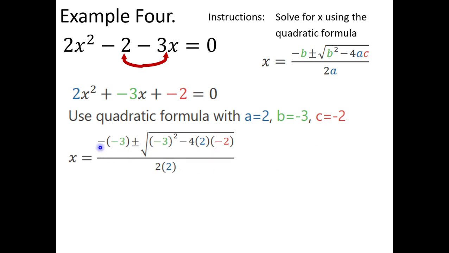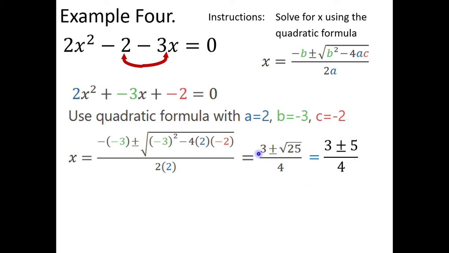Plugging it in, negative times negative is positive. Negative squared is positive, and negative times negative is positive. So we end up with all positive numbers. We have the square root of 25 on the top. Well, we know that 25 is equal to 5 times 5, 5 squared, and the squared and the square root cancel each other, and you end up with just a 5.